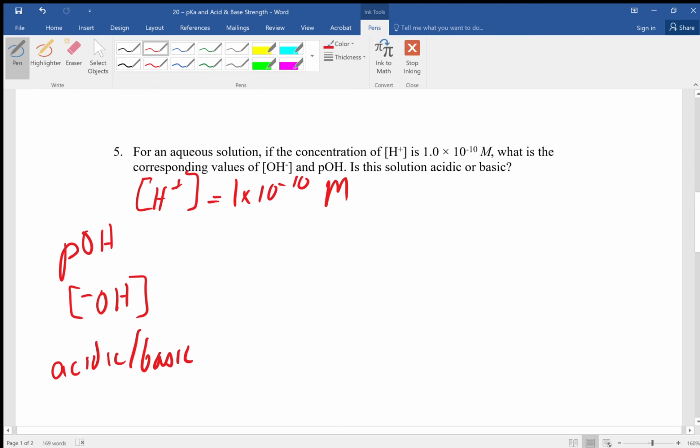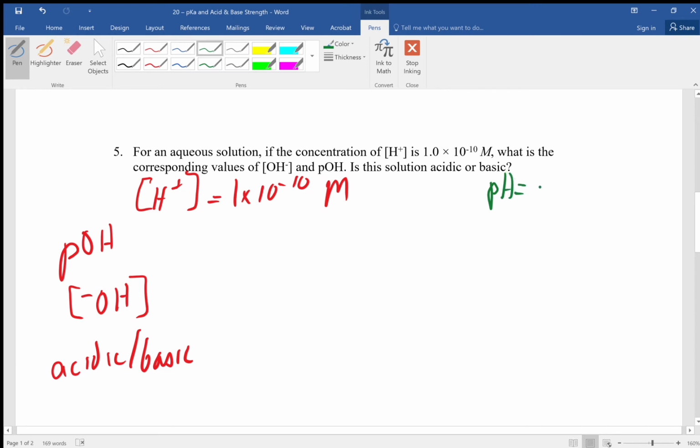So as we saw, there's a lot of ways that we can go about doing this problem, all of which are essentially the same, just a different order of the steps. The first thing I'm going to do is, we're not asked for it here, but I'm still going to calculate pH.